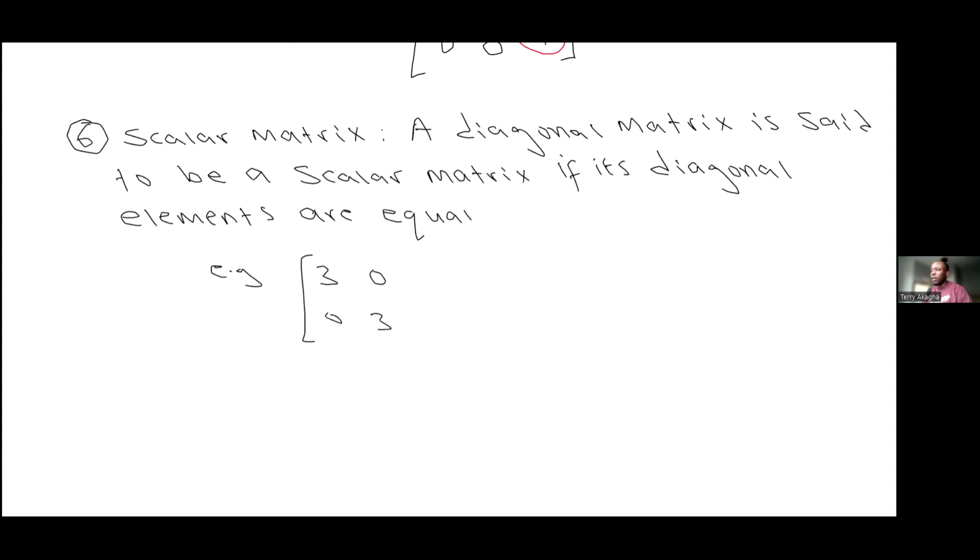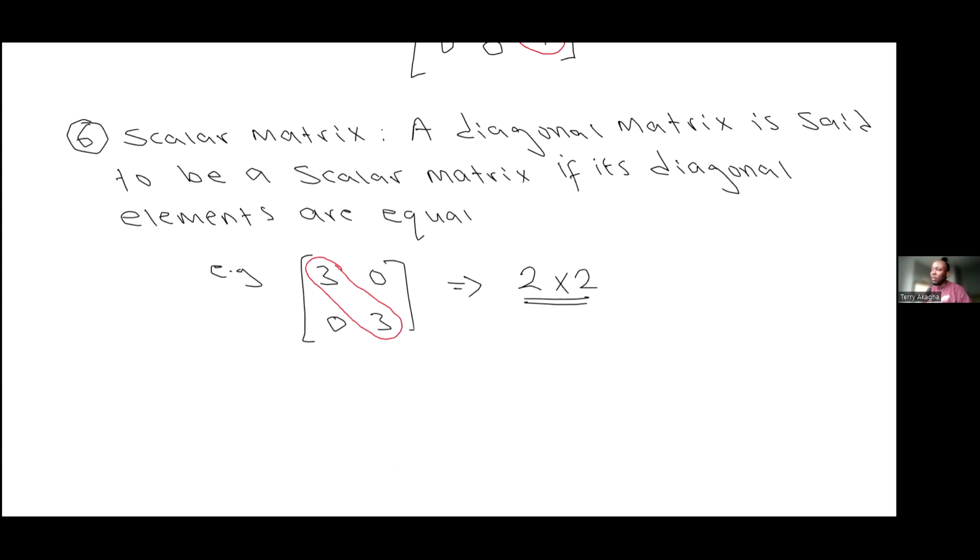You can see that this is a 2 by 2 square matrix, and also a diagonal matrix because only the diagonal elements have non-zero numbers. But it's a scalar matrix because if you look at the diagonal elements, they are all what? Equal.